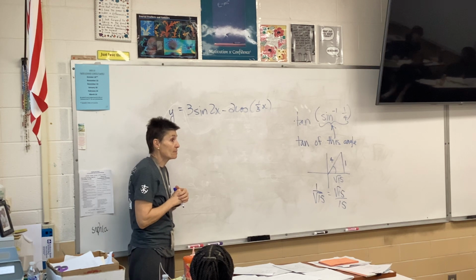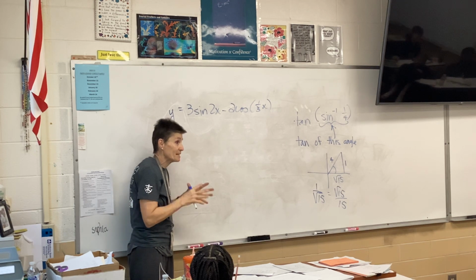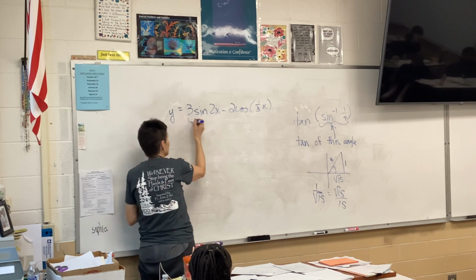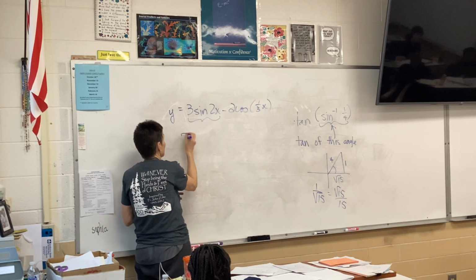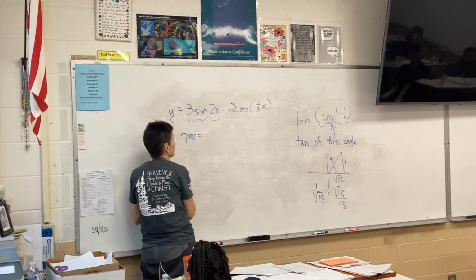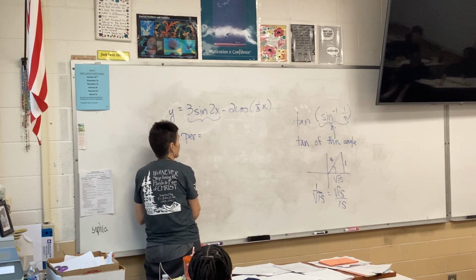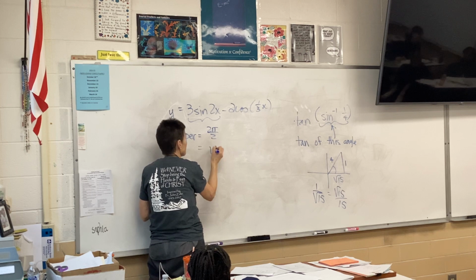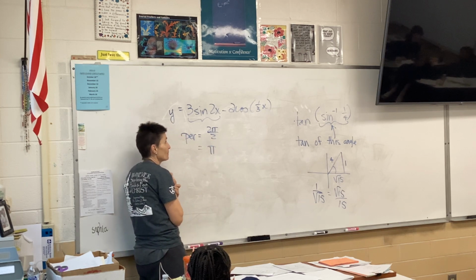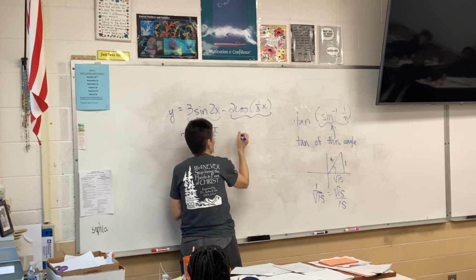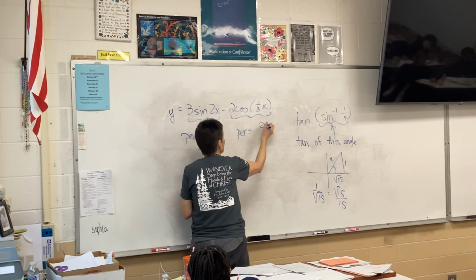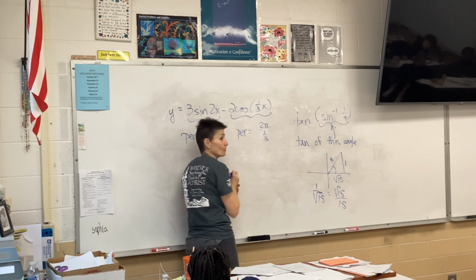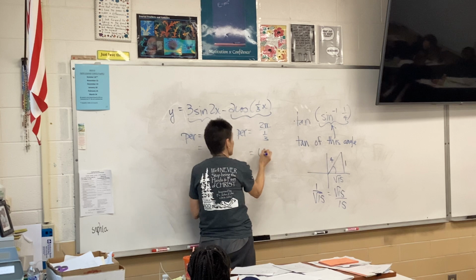Find the period of each piece of it, right? So what's the period of this part? Pi. 2 pi divided by 2, which is pi. Perfect. What's the period of this part? 2 pi divided by 1/3, which is 6 pi.